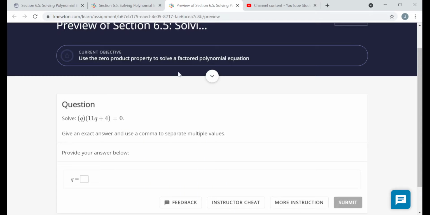Now the nice thing about this objective is that the polynomial on the one side will already be in factored form, and you have the number 0 on the other. Alright, so I'll write this down and we'll talk about the zero product property.